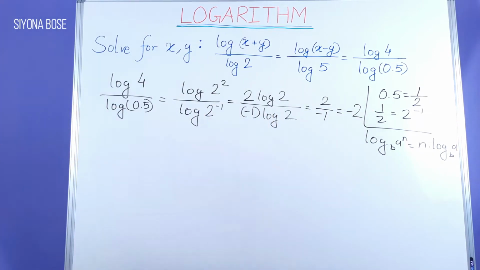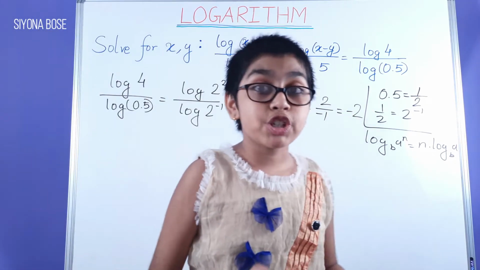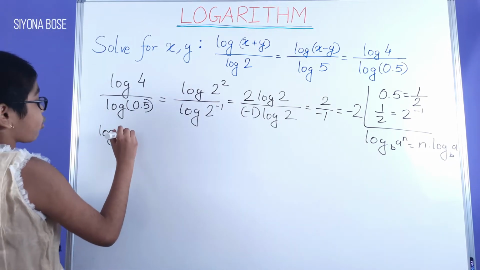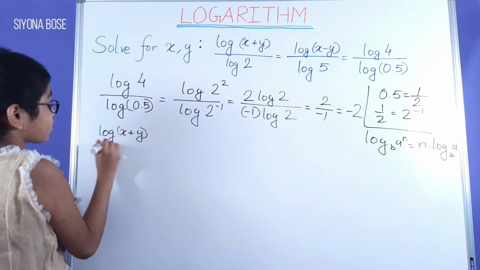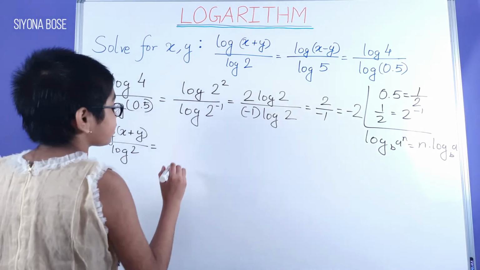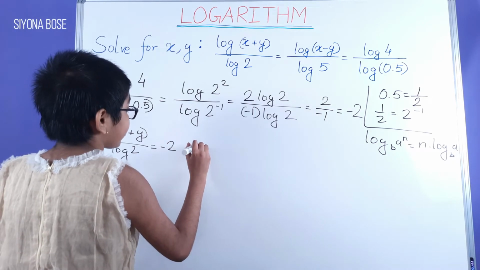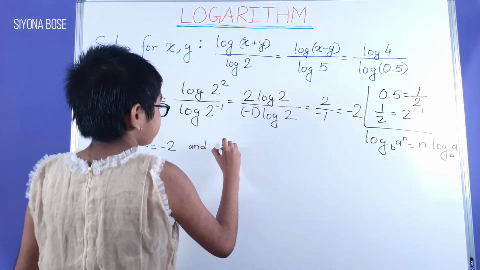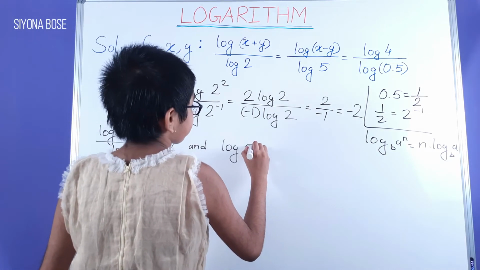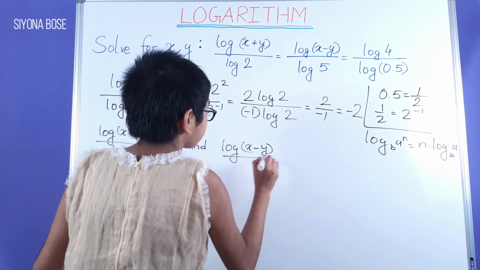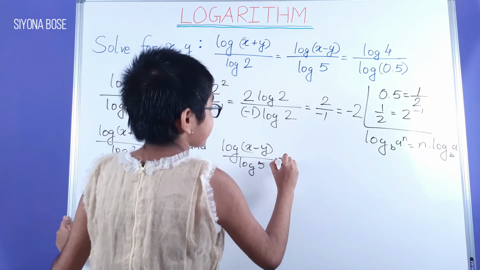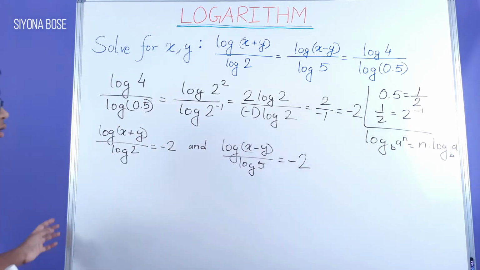Now we got the value of this as minus 2, which tells us that log of (x plus y) by log of 2 equal to minus 2, and log of (x minus y) by log of 5 is equal to minus 2.